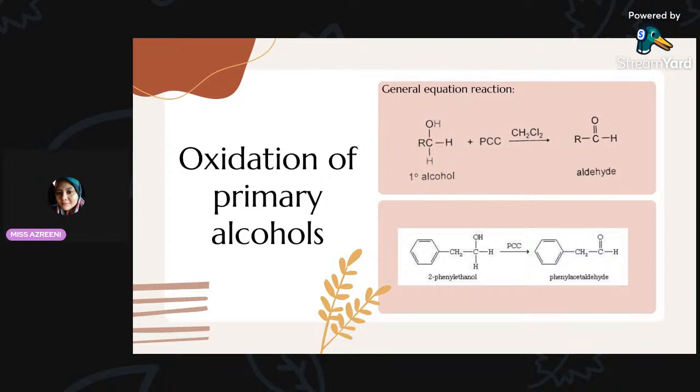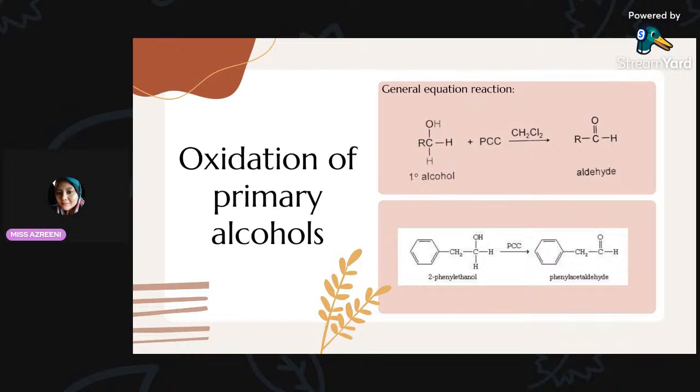Bagi primary alcohol, student boleh ingat dia hanya bertindak balas dengan mild alcohol iaitu PCC CH2Cl2 dan bagi primary alcohol hanya remove 2 hydrogen sahaja.